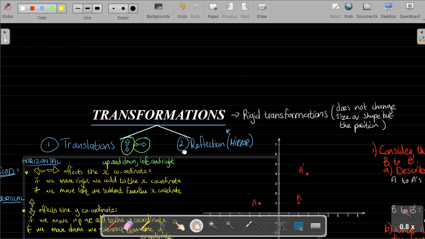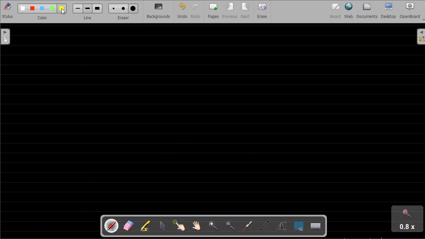Let me just quickly make a rough thing. When I say reflection, guys, what does reflection mean? Well, if you look in a mirror, if a star is over here and we are reflecting it in this line, the star should appear not here, but more or less over here.